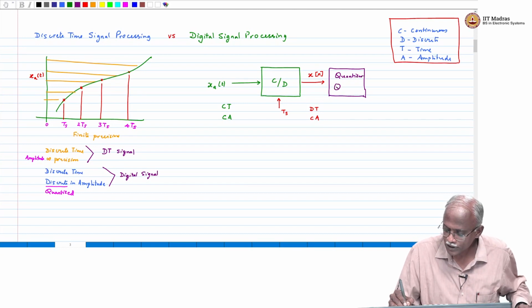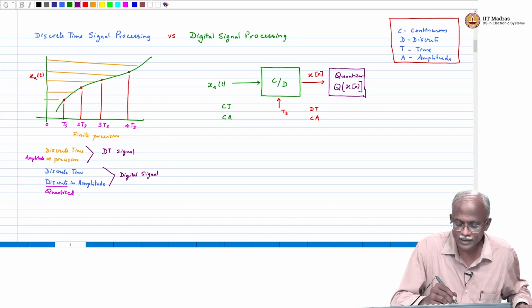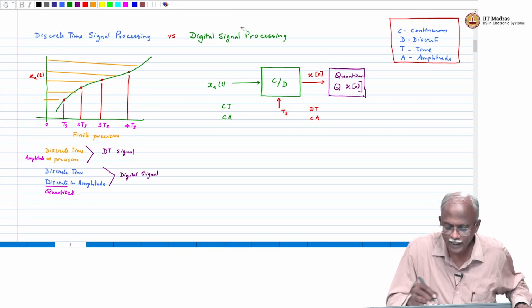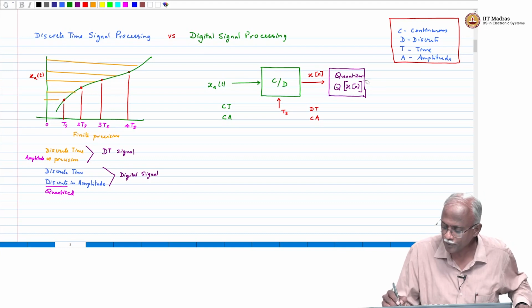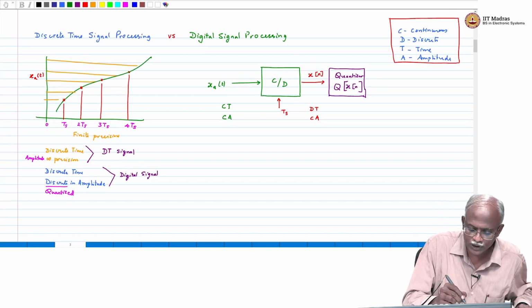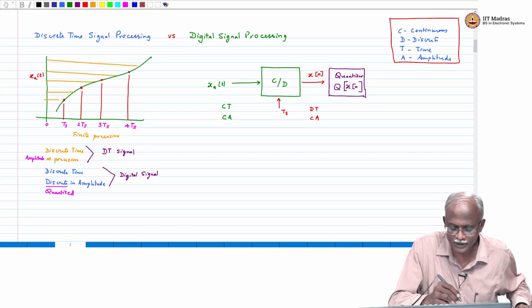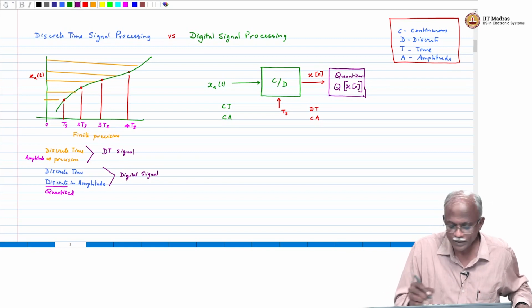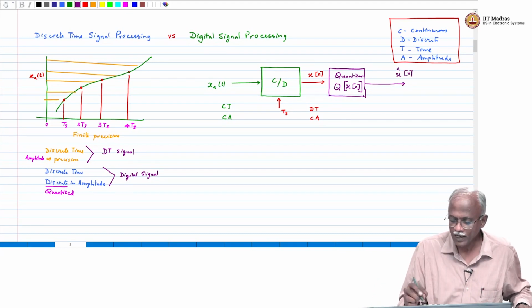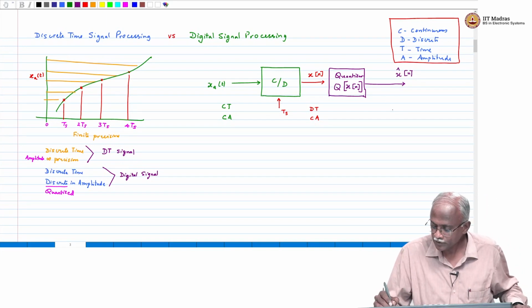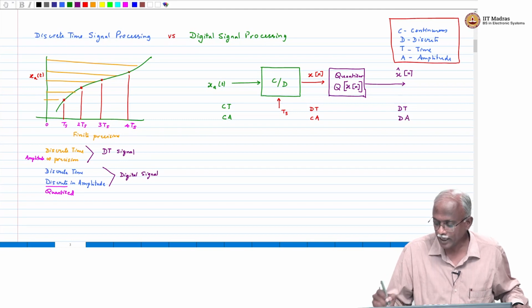It is denoted as Q of x of n. You quantize the signal x of n using a quantization mechanism, which we will call Q, which reduces the number of bits to a finite number of bits. This produces x hat of n, and the representation of the signal here is discrete in time and discrete in amplitude.